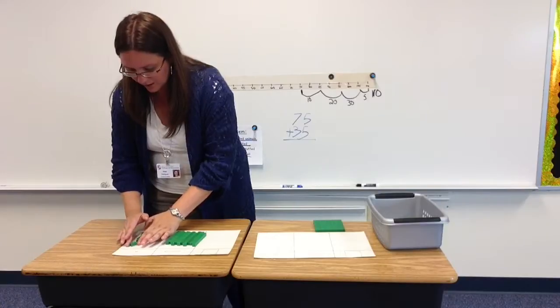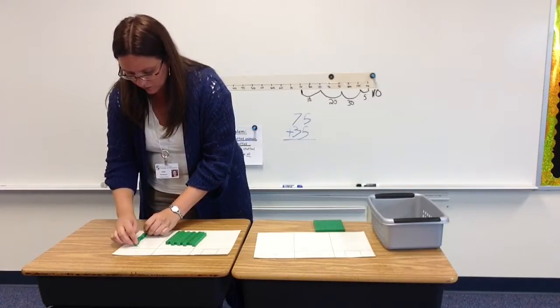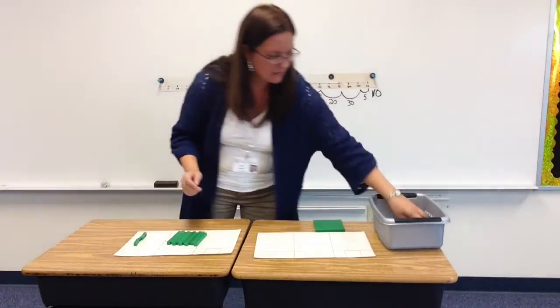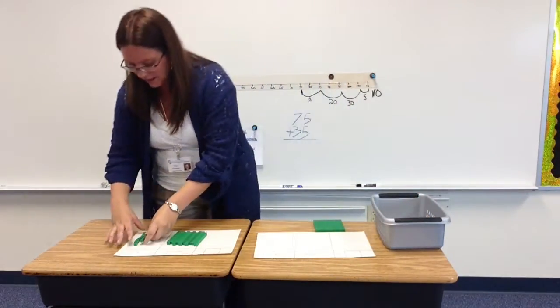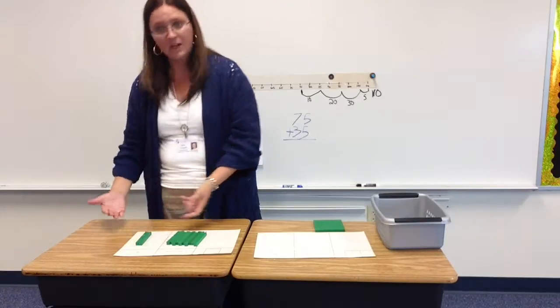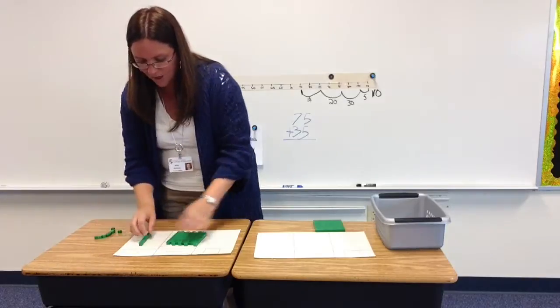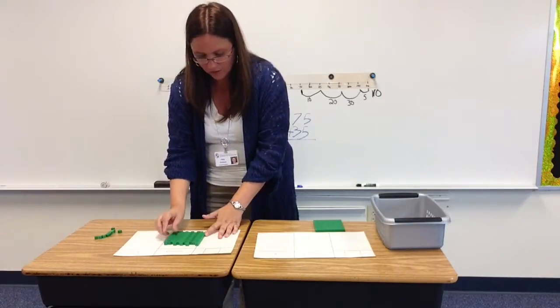And remember a while ago I said that 10 ones equals 1 of our 10s. So I brought another 10, and let's see if that's the case. Let's put it together, and it does equal that. So we're going to get rid of this because we are regrouping.